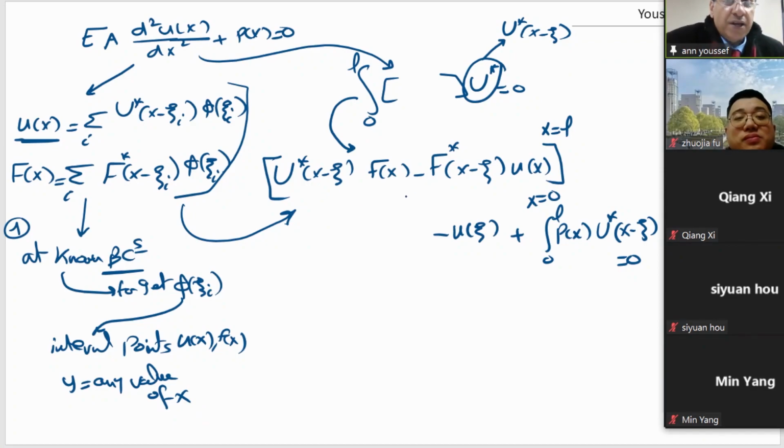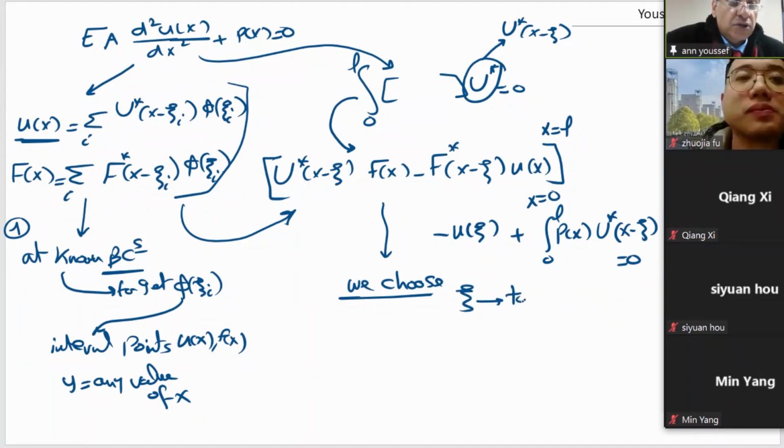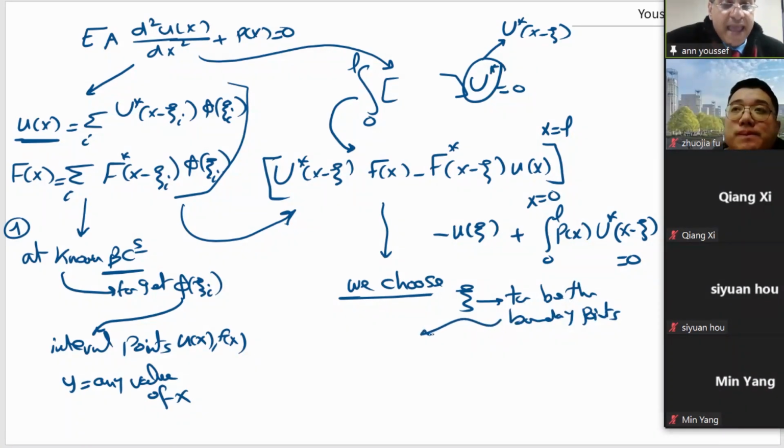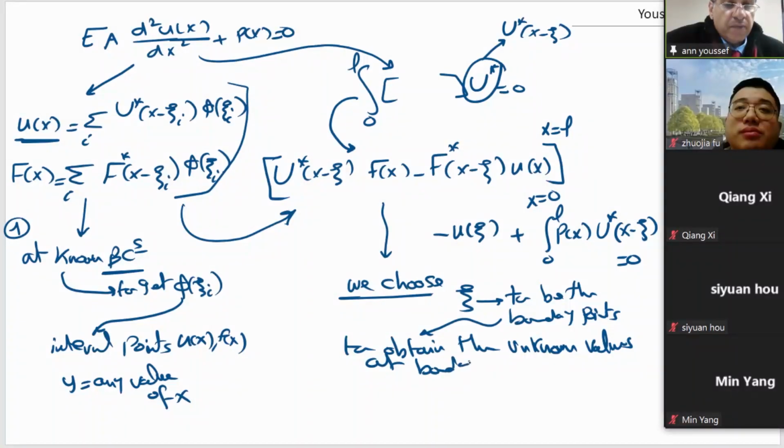Here we choose, in this way, we choose xi to be the boundary points, to obtain the unknown values at boundary points first.